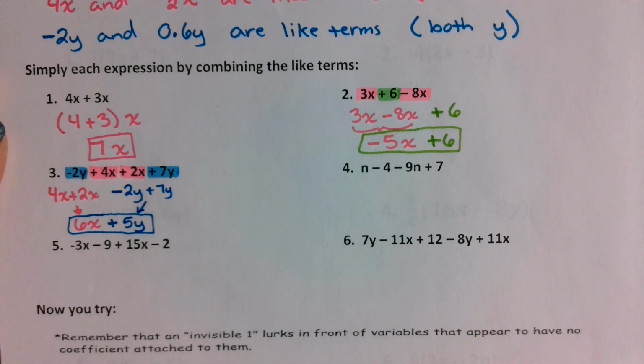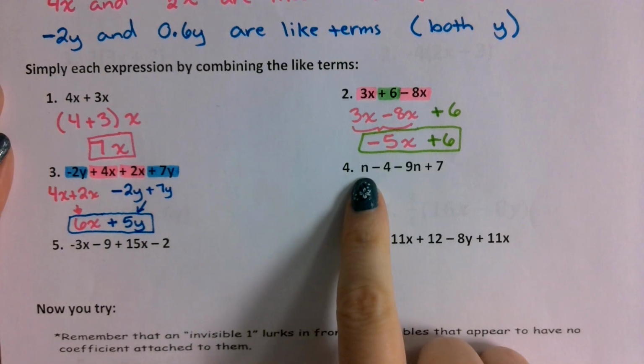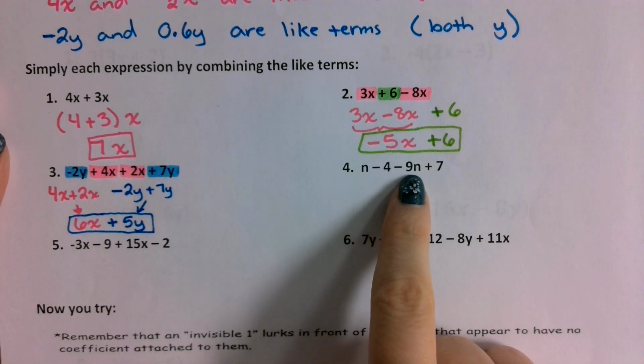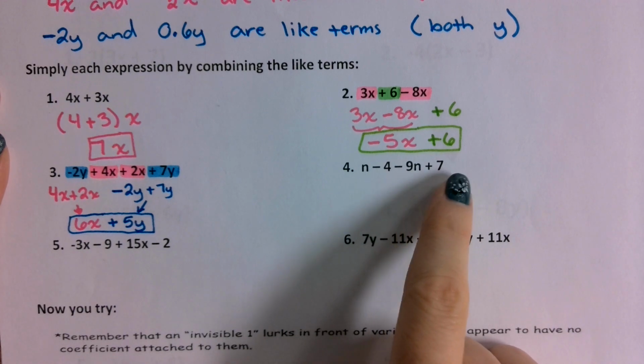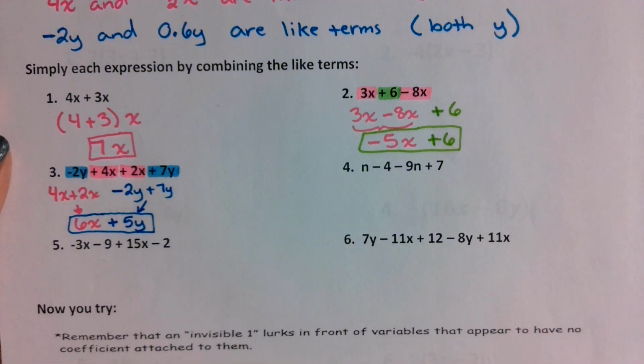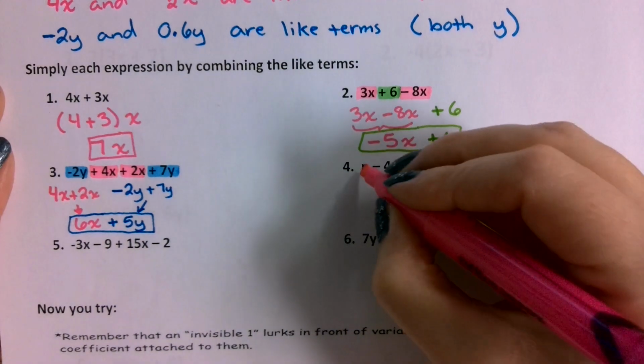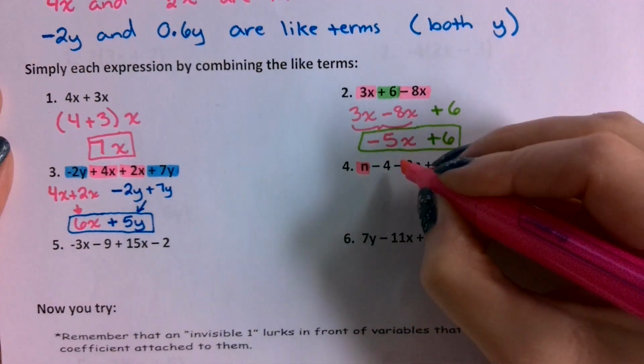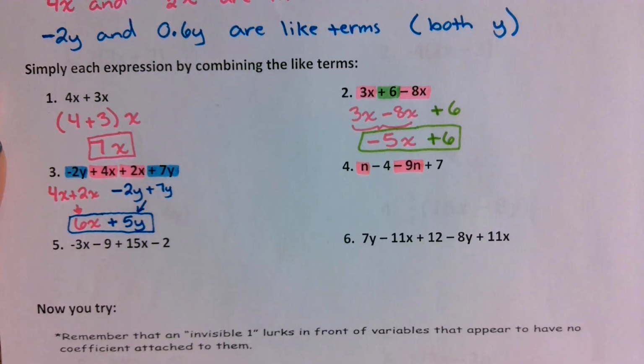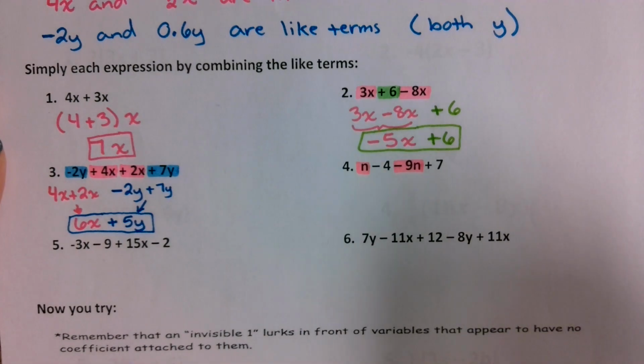Okay? For problem number 4, we have n minus 4 minus 9n plus 7. So we only have one variable that we're focusing on, which is the value n. So we have n and a minus 9n. I'm going to write those together.